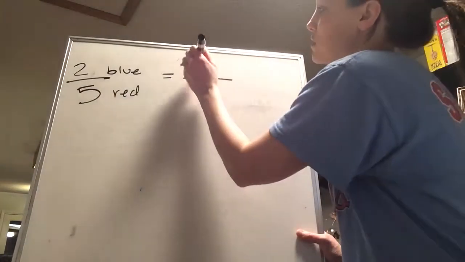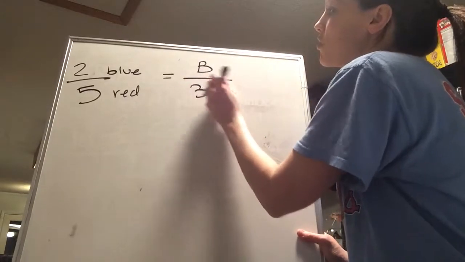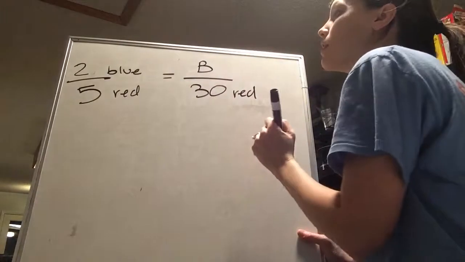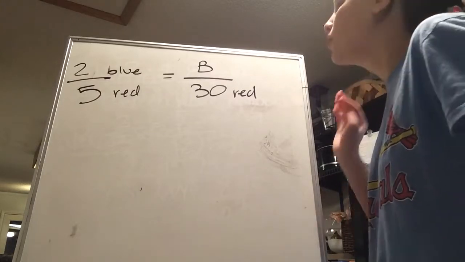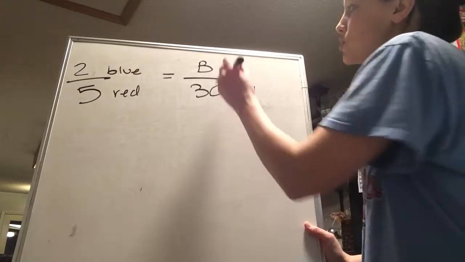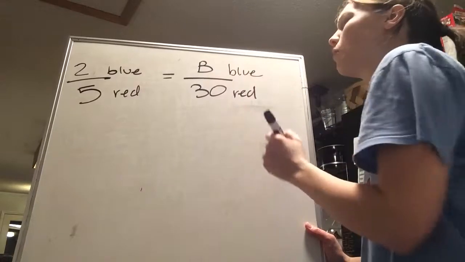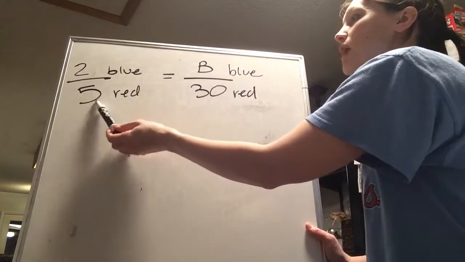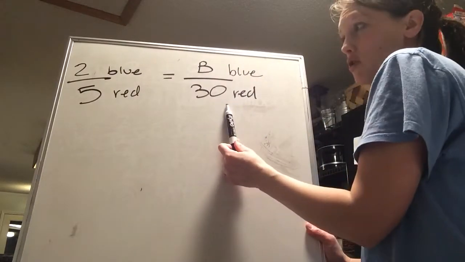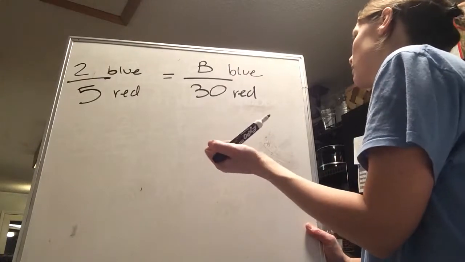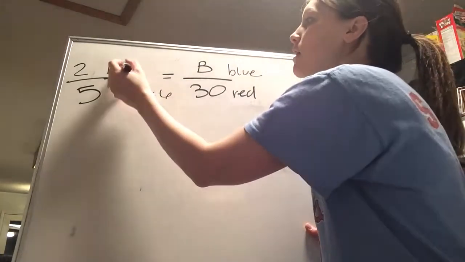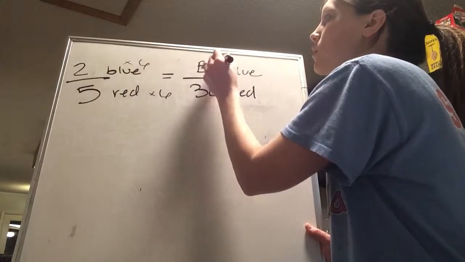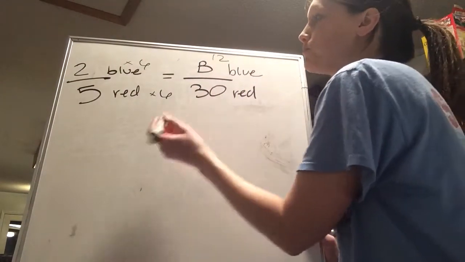So if you come across a parking lot and you see 30 red cars, and the ratio is the same here, how many blue cars would there be? Well, you know there's 5 red cars and there's 30 red cars in this parking lot. So what's the relationship there? 5 times 6 is 30. And then 2 times 6 is 12. So there's 12 blue cars.